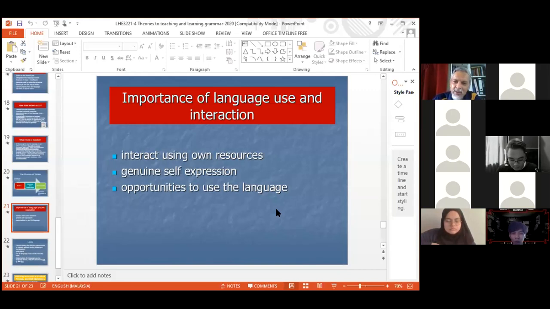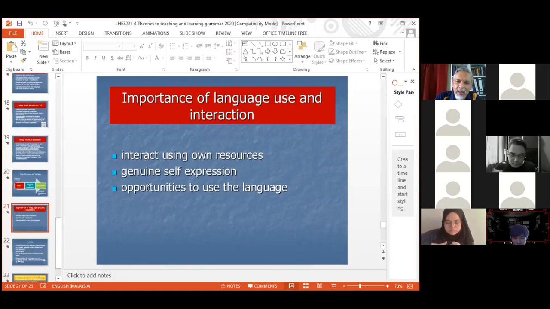Somewhere along the line we have to make sure that we can actually see our students interacting using their own resources, not referring to what the teacher said, but using what they know.